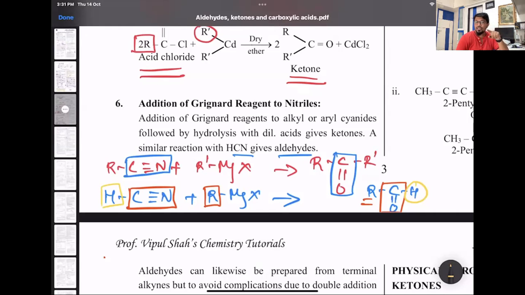So all you have to do is, if it is hydrogen cyanide, the last part H will come, and it forms the respective aldehyde. Alkyl cyanide with Grignard's will give the respective ketone. Reactions of all Grignard's reagents are basically nucleophilic addition reactions, where the nucleophile is the carbanion generated by heterolytic fission of Grignard's reagent. Okay, that's one.